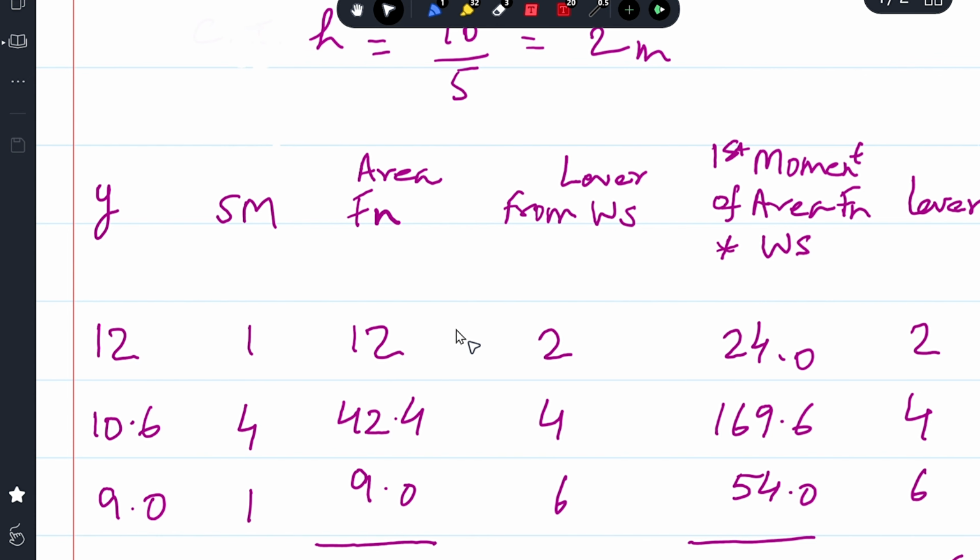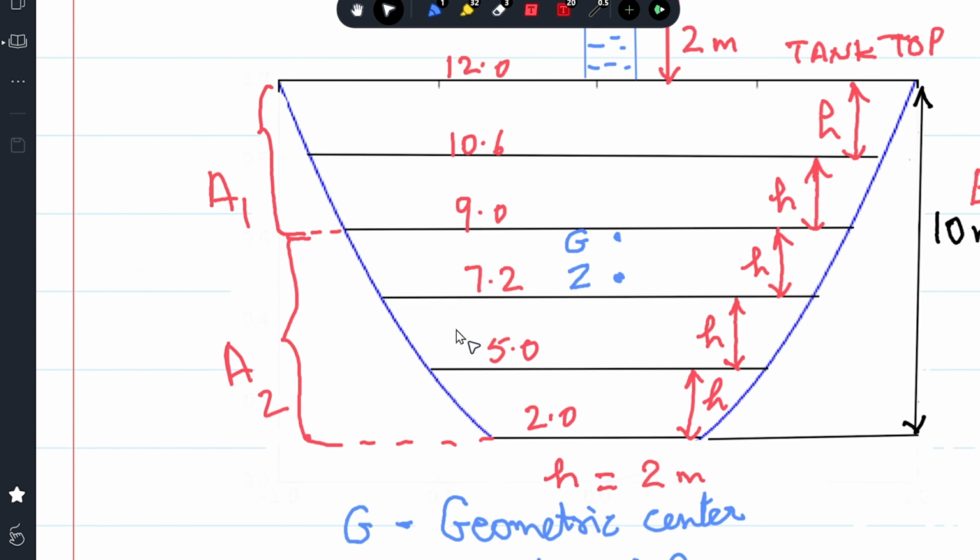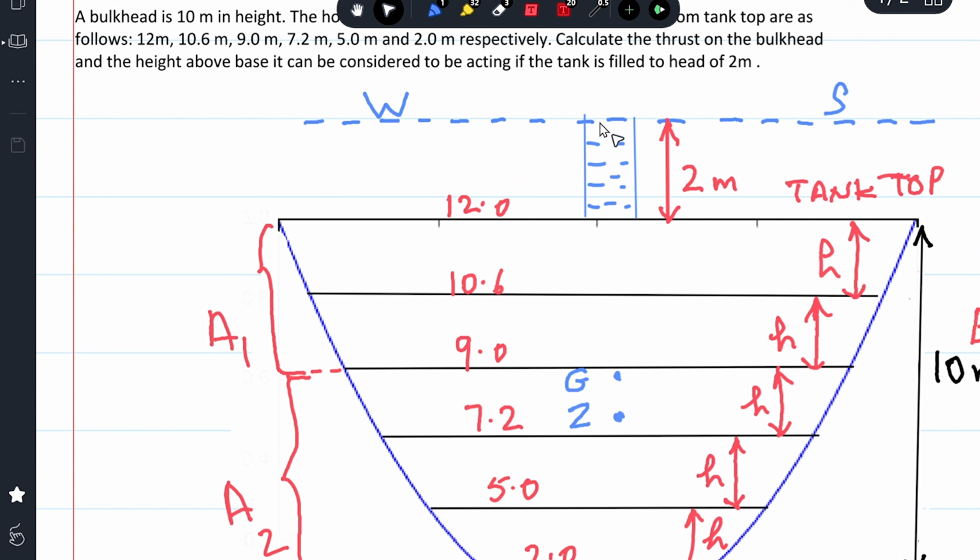Its lever will be 2 meters, because the water surface is 2 meters from the top ordinate, ordinate number 12.0. So the lever for the first ordinate from the tank top will be 2 meters.